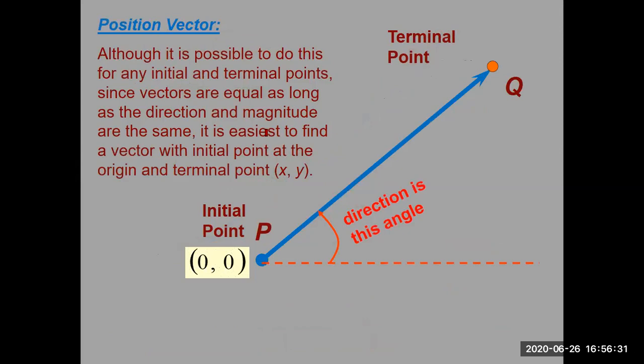Although it's possible to do this for any initial and terminal point, since vectors are equal as long as the direction and the magnitude are the same, we have discussed it in the previous part. It is easiest to find a vector with initial point at the origin and a terminal point.